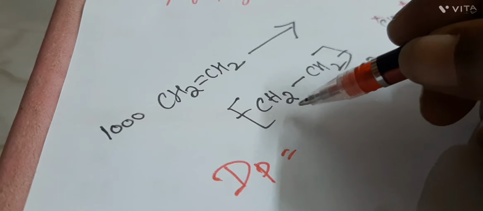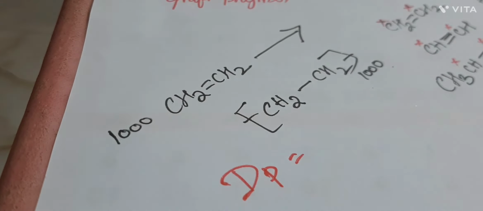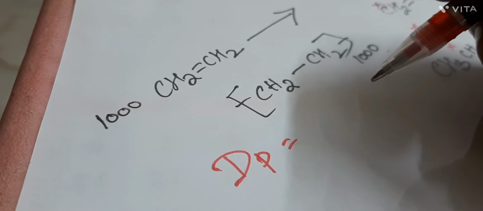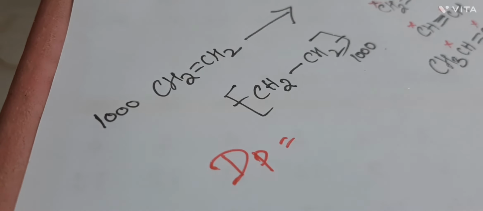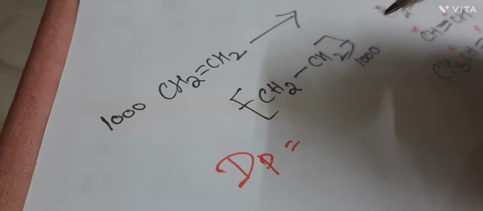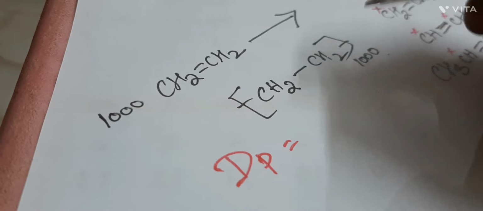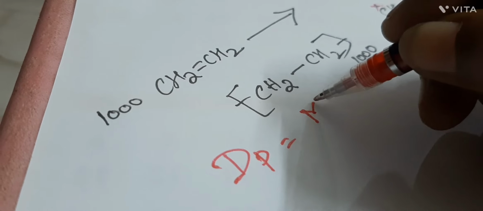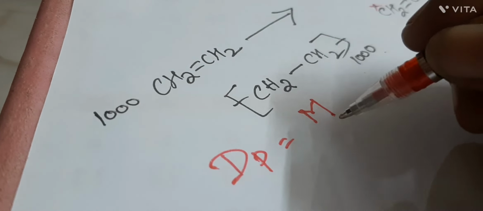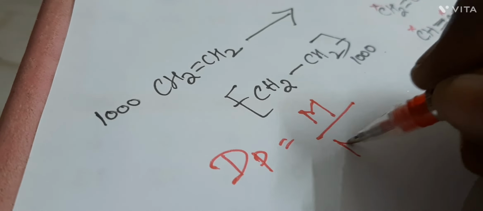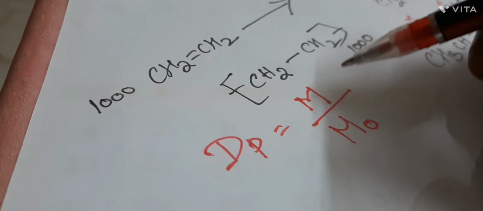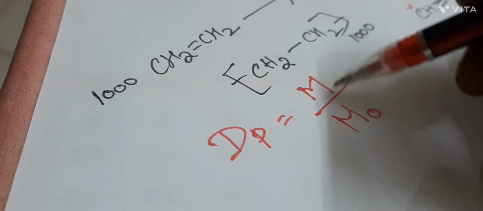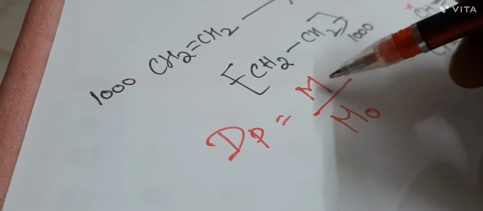The molecular weight of the polymer can be found by certain methods, for example using an Ostwald viscometer. Let the molecular weight of the polymer be capital M, and let the small m be the molecular weight of the monomer.